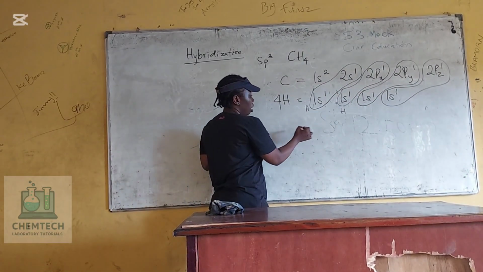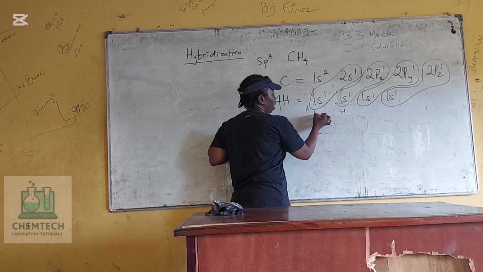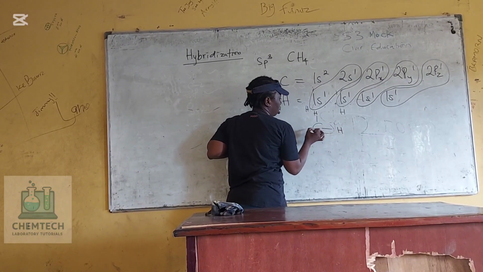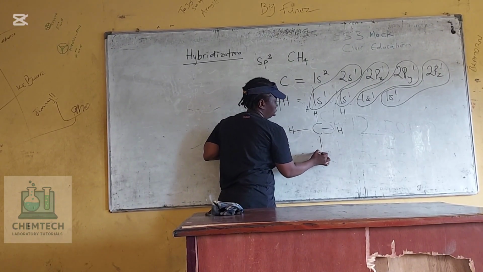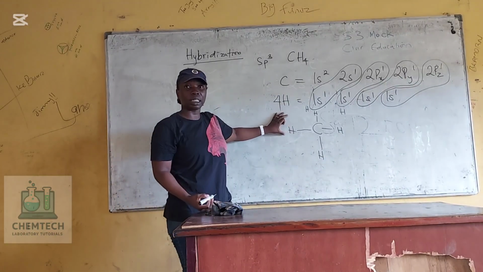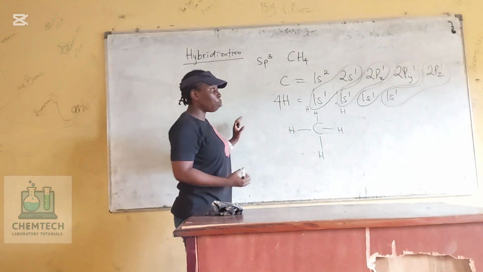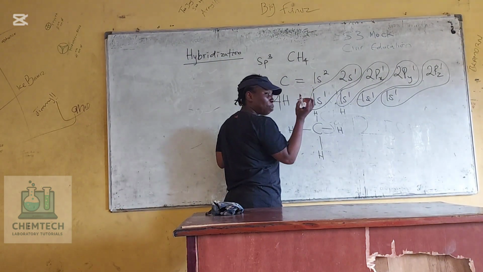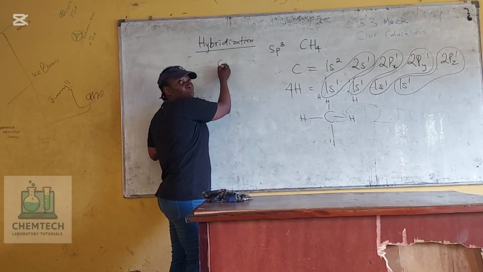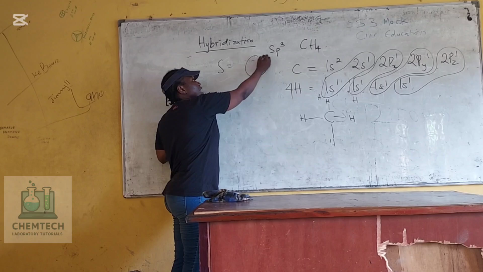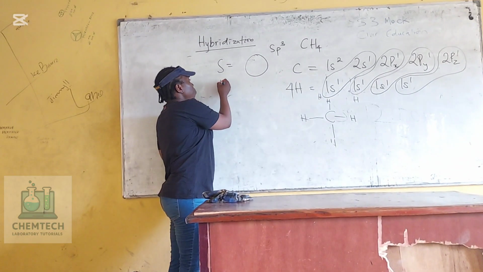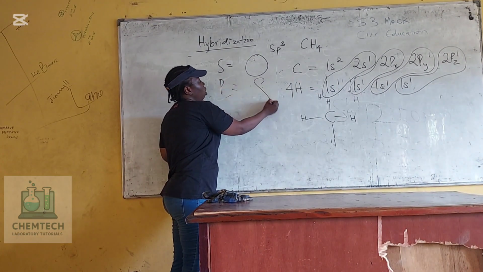And therefore, it becomes CH4. So this becomes an sp3 hybridization. The orbital representation will now be, and the s orbital is spherical in shape, and the p orbital is globular in shape.